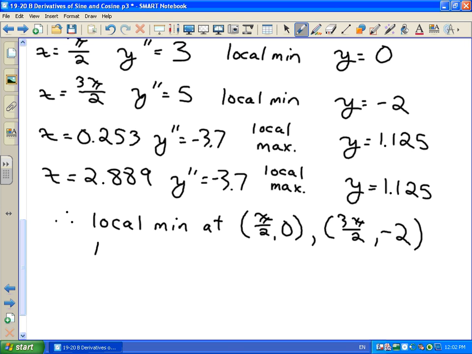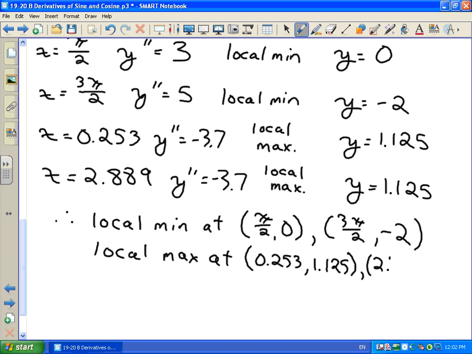And we have a local max, two local maxima at, and then just put in our approximate values here. 0.253, 1.125, and 2.889, 1.125. And I don't have room for the 5. And that's what they were asking us for, the local max and the local min. Okay, so we're done.